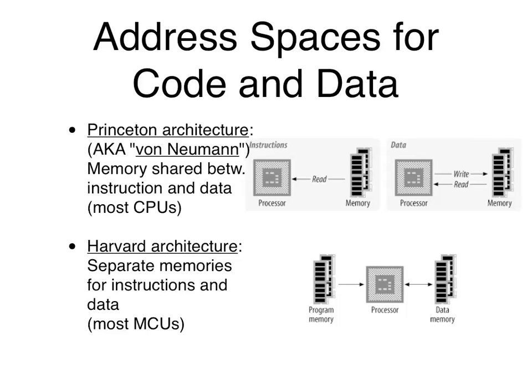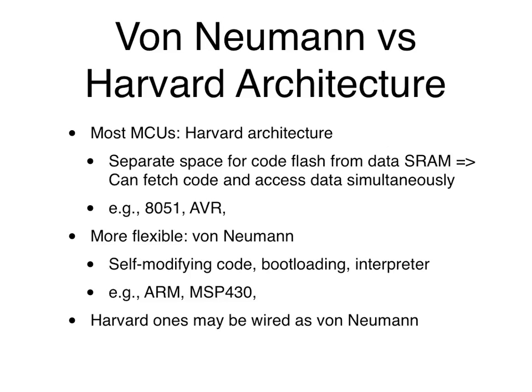And you tend to see more Harvard architectures for microcontrollers. That's just because it's a little easier to design a system this way. But not always, so that's just a trend. There are plenty of microcontrollers that follow Princeton architecture or von Neumann architecture. But most microcontrollers are Harvard architecture.